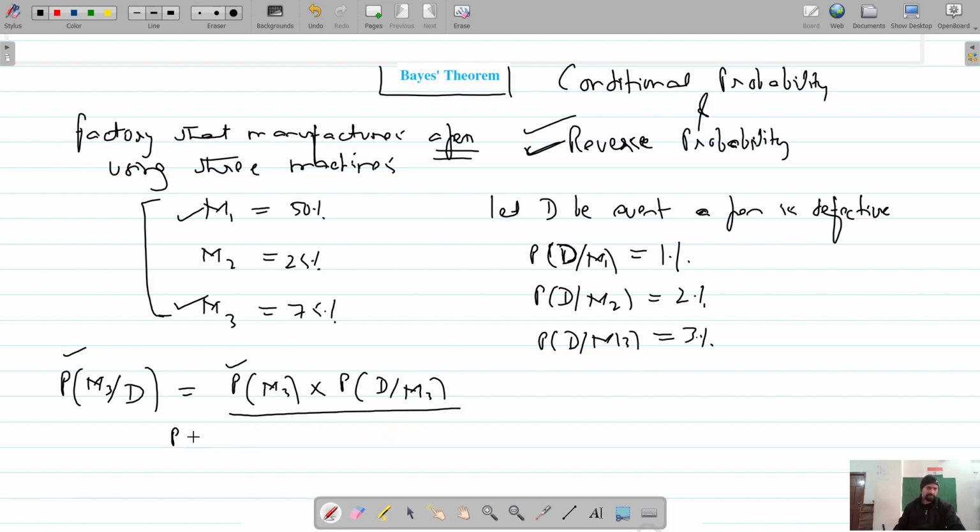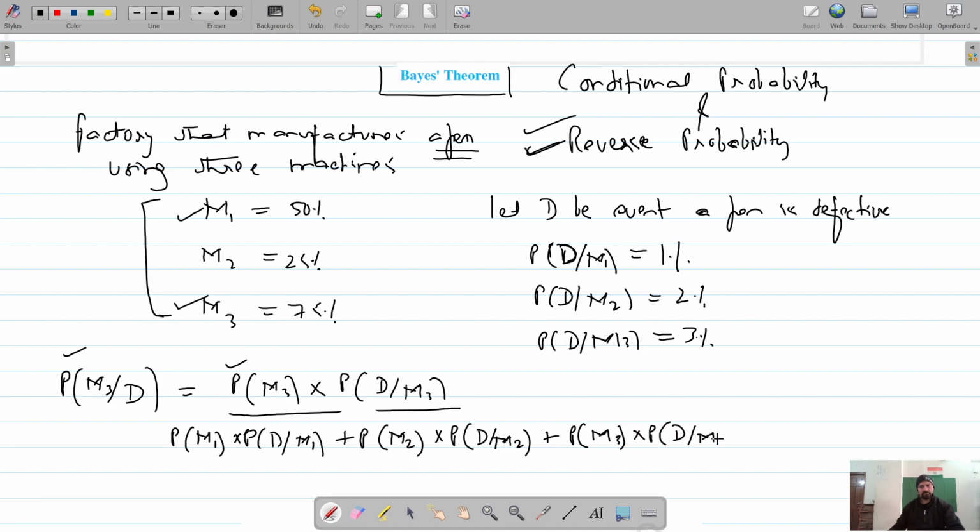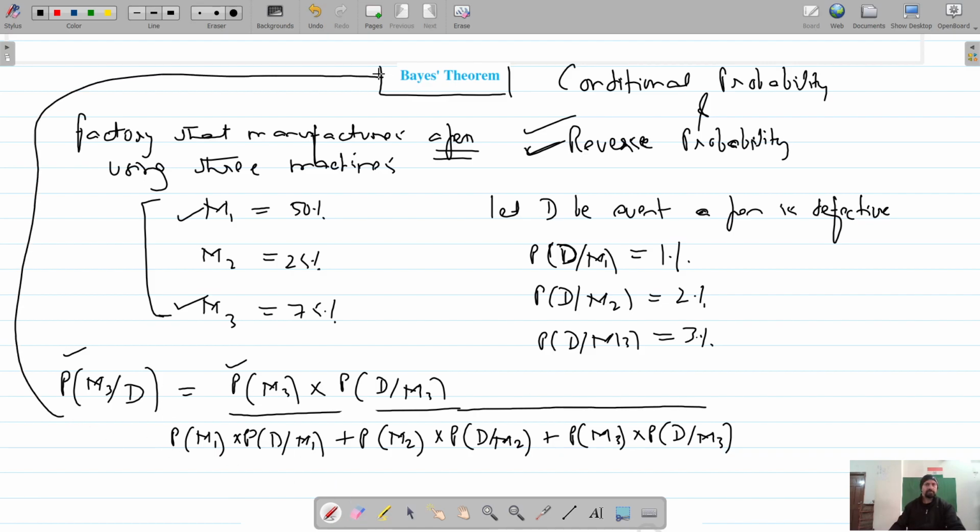The total probability will be probability of manufacturing a pen by machine M1 into probability of getting the defective pen by machine M1, plus probability of manufacturing a pen by machine M2 into probability of getting the defective pen from machine M2, plus probability of manufacturing a pen by machine M3 into probability of getting the defective pen by machine M3. So this is our Bayes theorem that helps us find the reverse probability.